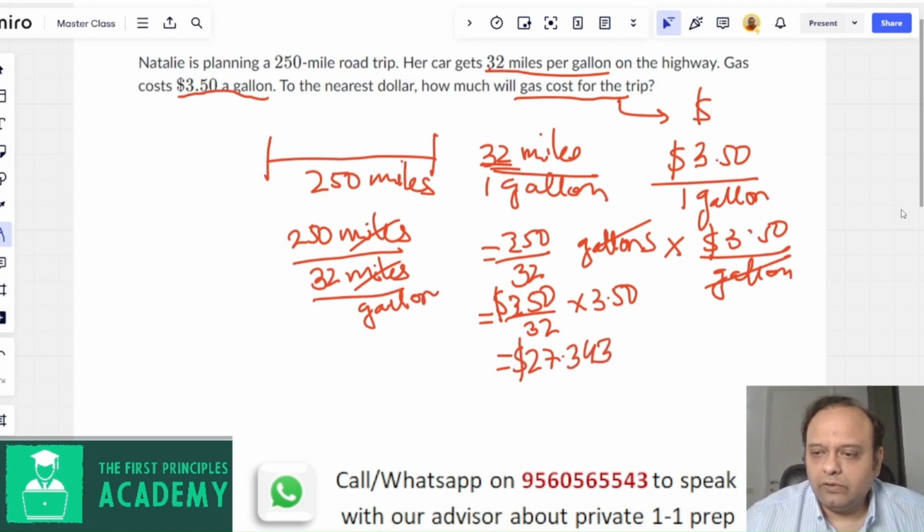Now always remember to check, this is a student input response, so you need to check what it is really that the question is asking for. It is asking to the nearest dollar. So to the nearest dollar, this number would resolve to $27, right? So that's the answer that you are looking for.